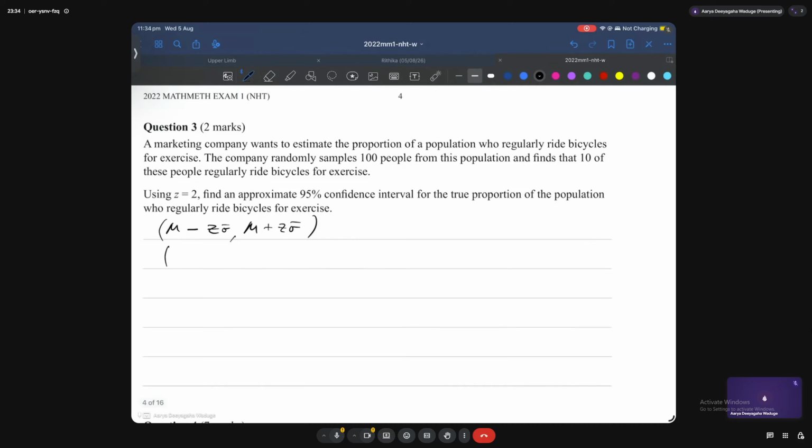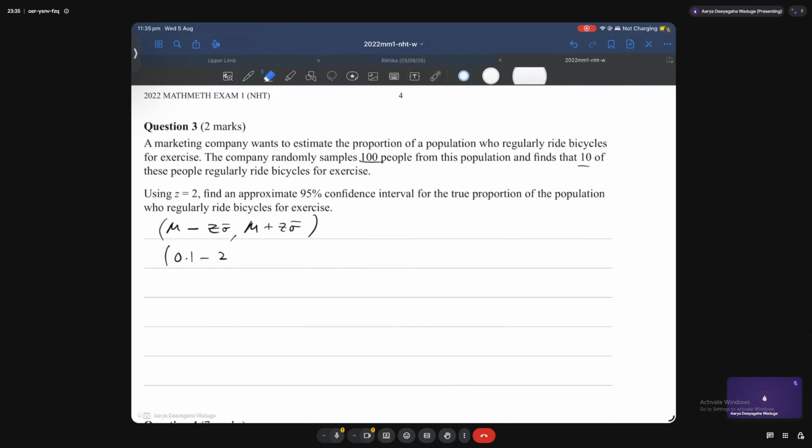So we know that this proportion is going to be 0.1, or in other words 10 over 100, and we're going to subtract. Okay, so our z value is 2. We also know that the standard deviation is given by the square root of p times 1 minus p over n.